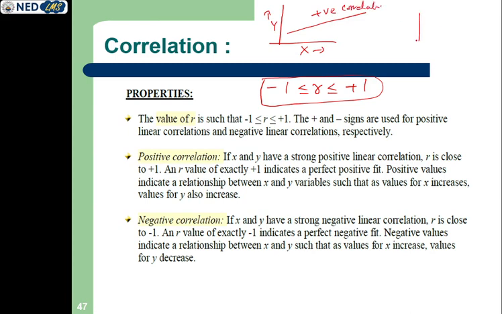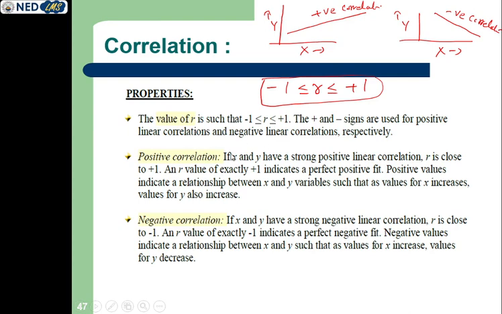And if our graph becomes like that, with the x variable on the x-axis and the y variable on the y-axis, decreasing but linear, then we can say it is negative correlation. Okay, so these are two types of correlation: positive sign is said to be positive correlation, negative sign is said to be negative correlation.